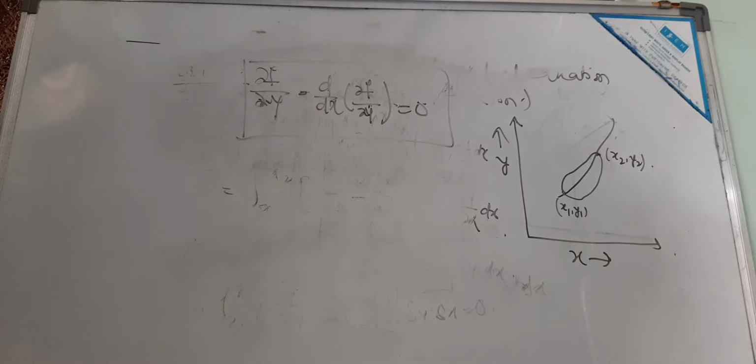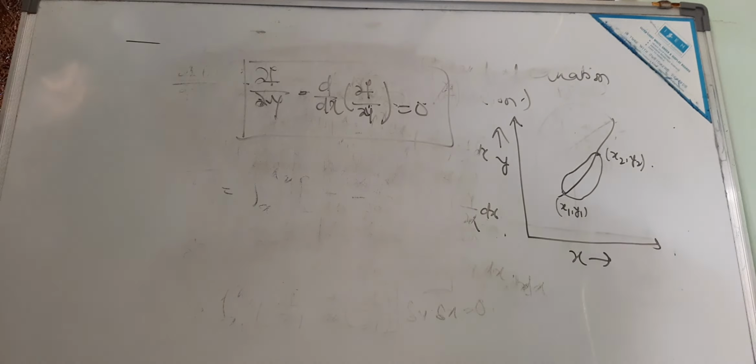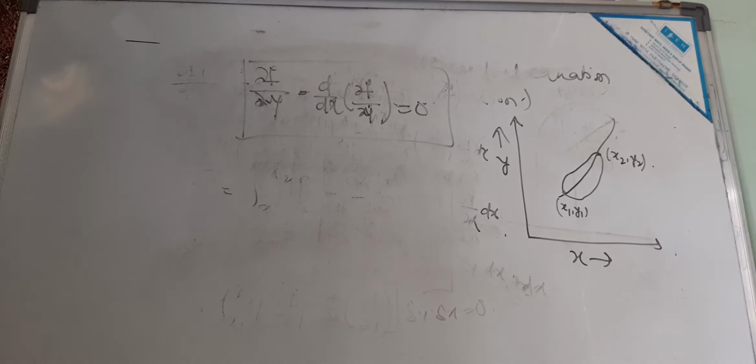So this is what we get from the calculus of variations, the equation ∂f/∂y minus d/dx of ∂f/∂y dot equal to 0.